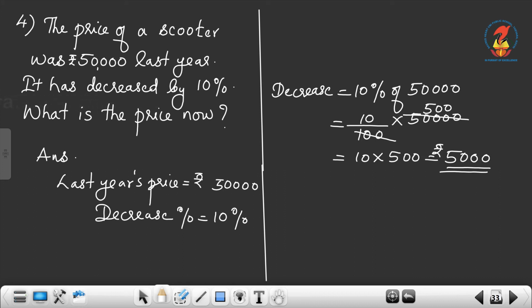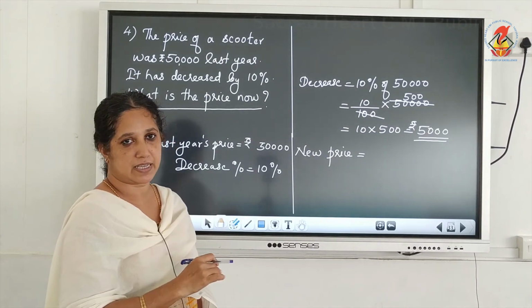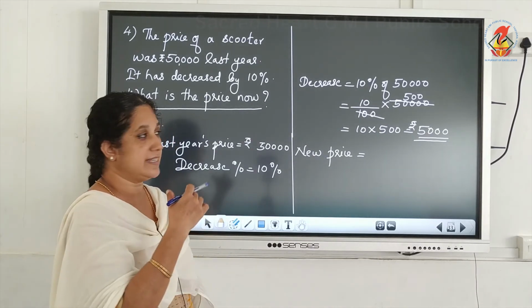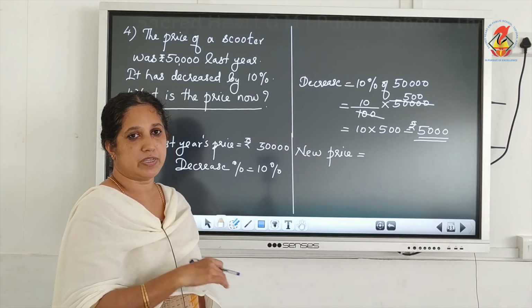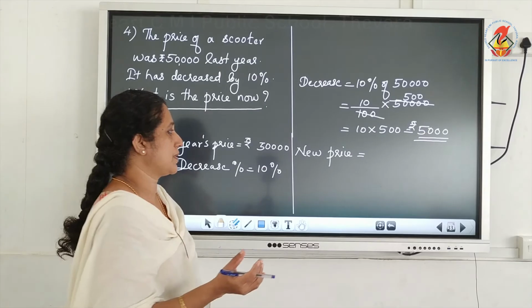Now you have to find out the new price. If a decrease occurred, will it be more than last year's price or less than last year's price? Because a decrease occurred, it will be less than last year's price.